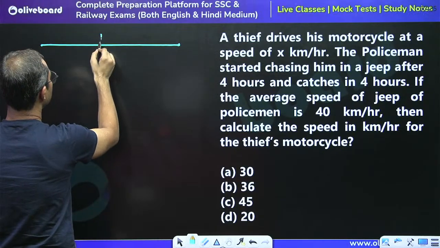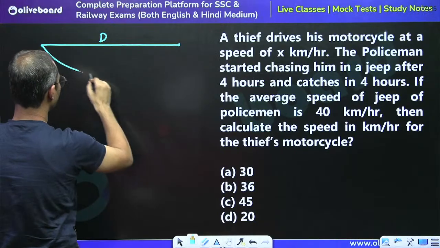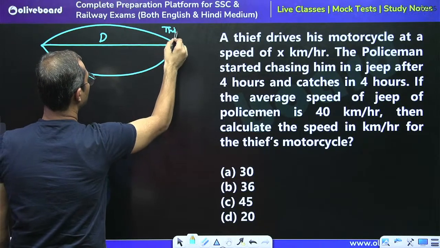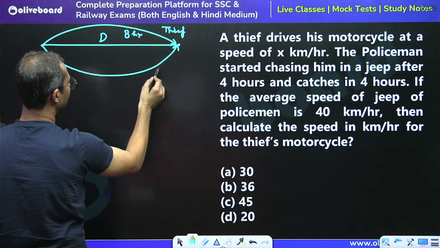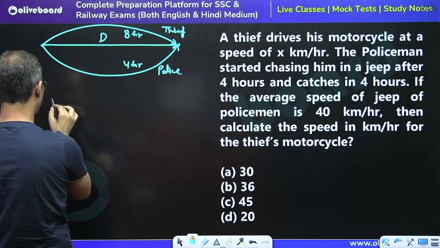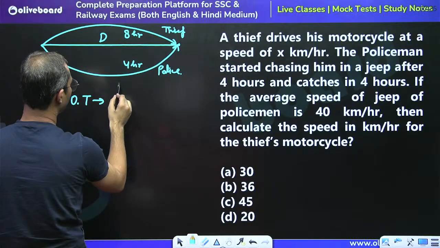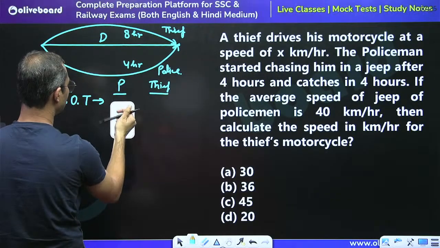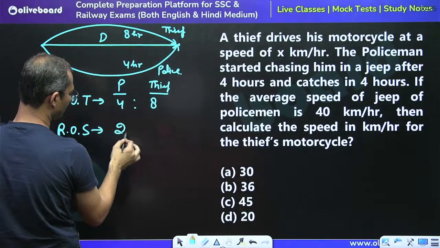The policeman ran from this place to this place, and the thief also ran from this place to this place. But the thief took 4 plus 4, 8 hours, while the policeman's jeep took only 4 hours. Since the distance is the same, the ratio of time for policeman and thief is 4:8, so the ratio of their speeds is 2:1.